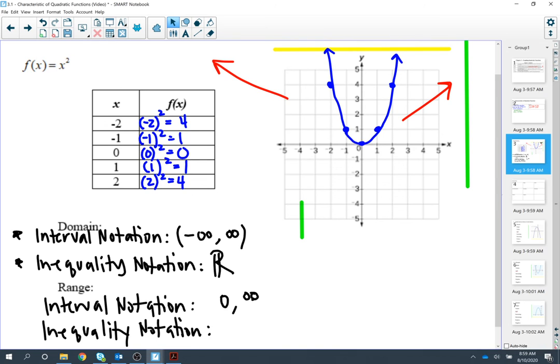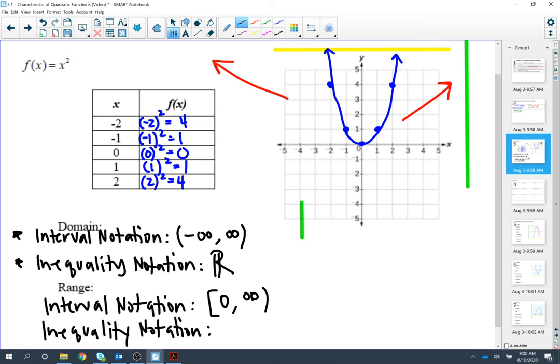Now, brackets versus parentheses. We already talked about infinity. You can't touch infinity, so that's going to have a parenthesis. But what about 0? Are we actually touching? Is there a physical point at 0 that the graph is touching? Yes. So we're going to put a bracket. Now, inequality notation. Keep in mind for domain, you're talking about x's. So it's x is greater than, x is less than, etc. When you're talking about range, we're talking about y values.